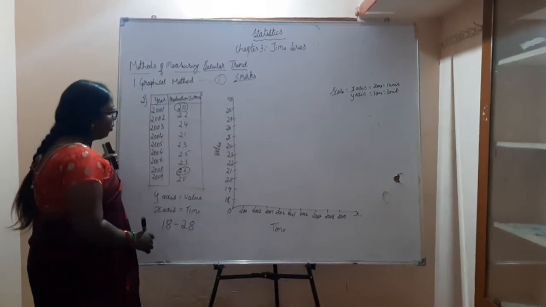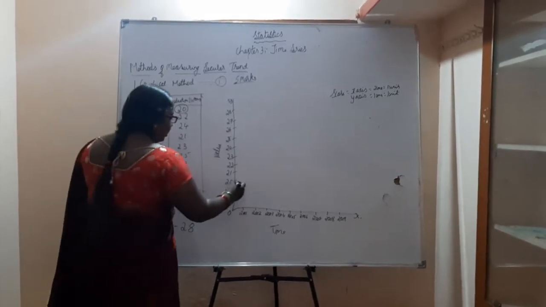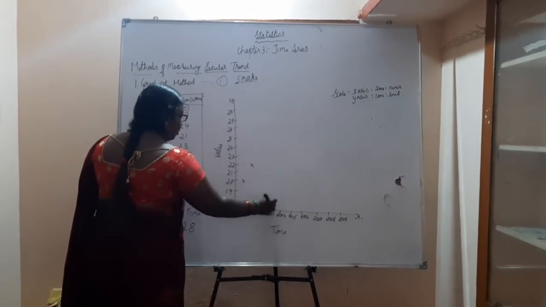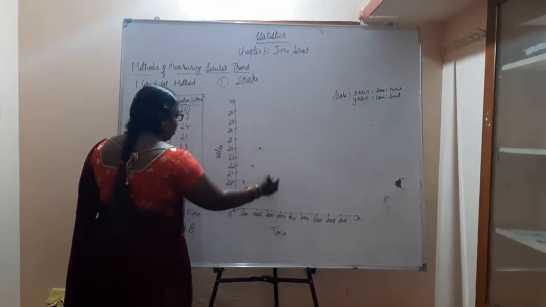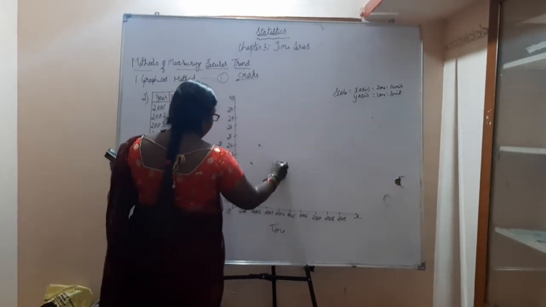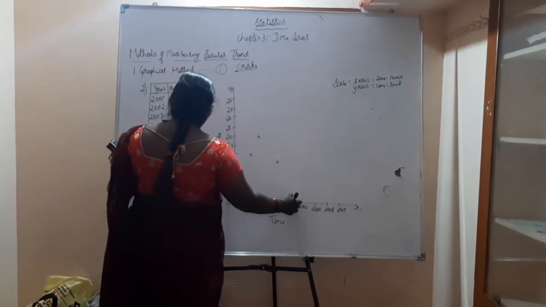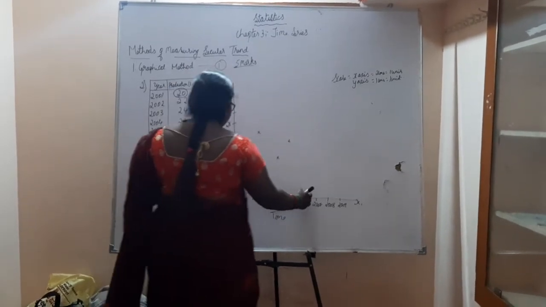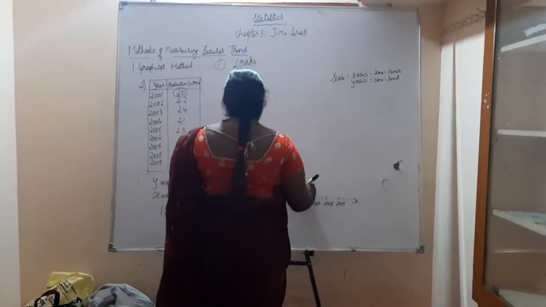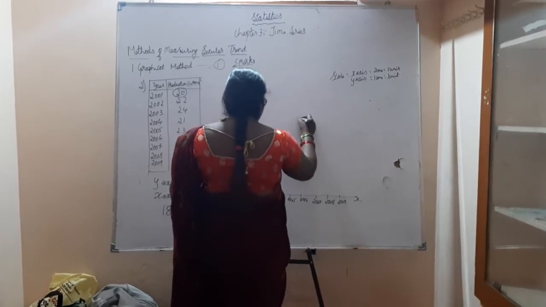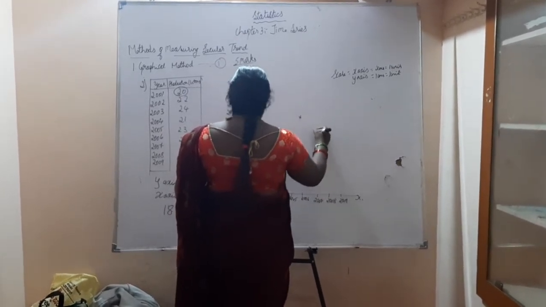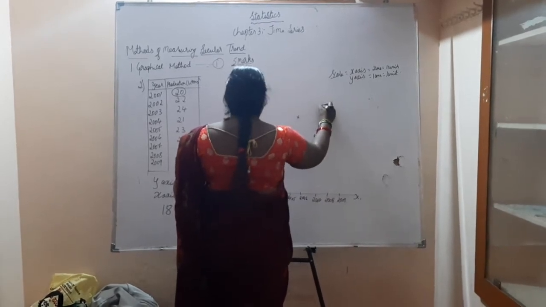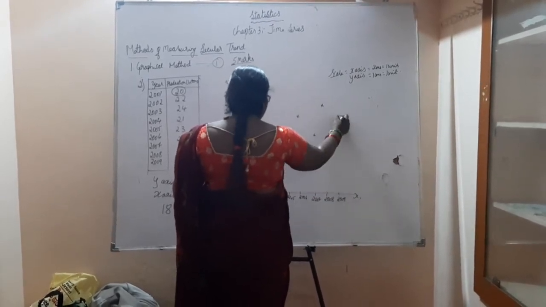So again I will plot the graph. 20 for 2001, then for 2002 it is 22, then 2003 is 24, 2004 is 21, 2005 is 23, 2006 is 25, 2007 is 23 again, 2008 is 26, and 2009 is 25.